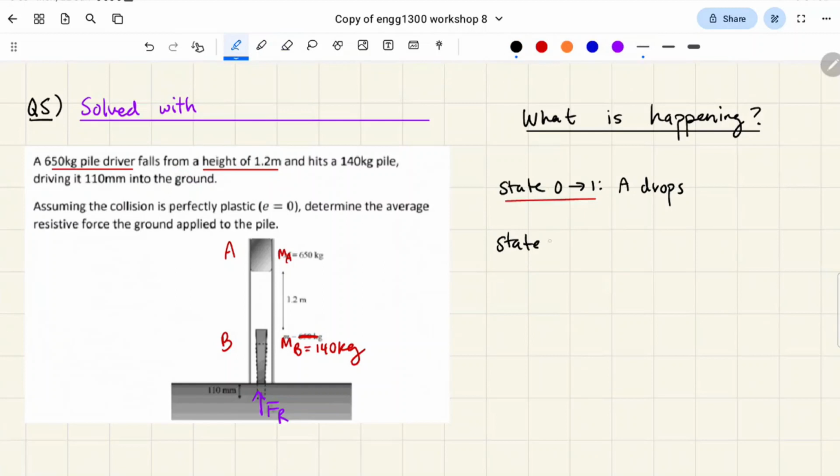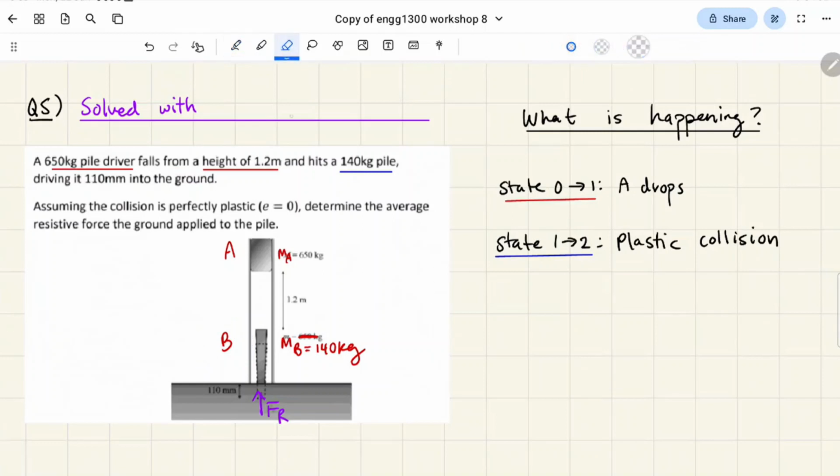And then between states 1 and 2, that's when our collision is going to happen. Yeah, there's not much more to say about that. We're going to need the additional information of the second object, like the mass of the second object, as well as the fact that the collision is perfectly plastic.